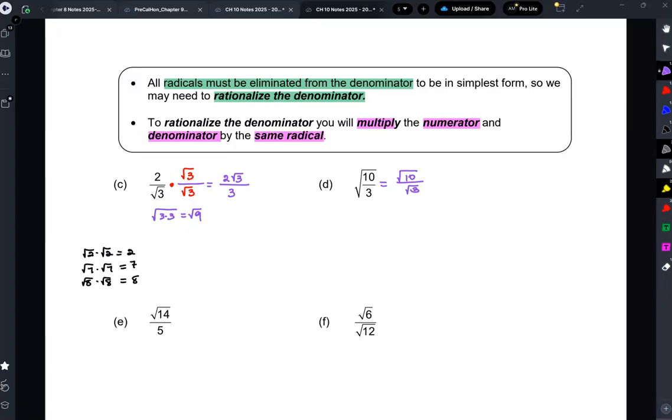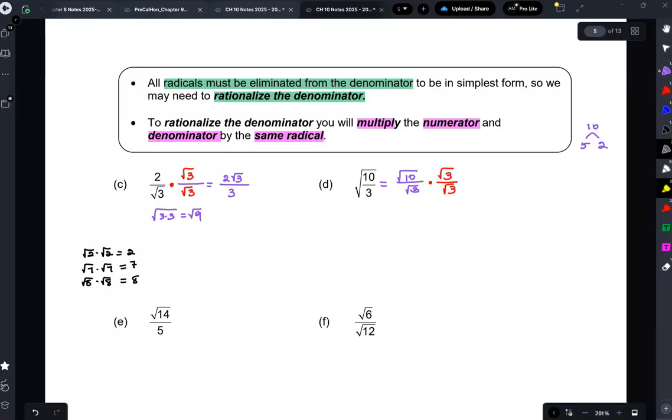Now, can the root 10 simplify anymore? Yes. How? 5 and 2, but then it can't come out of a radical, so it just stays root 10. Okay? There are no pairs. So you would think we're done, but are we? No. What's the problem? There is a root in the denominator, so I'm going to multiply by root 3.